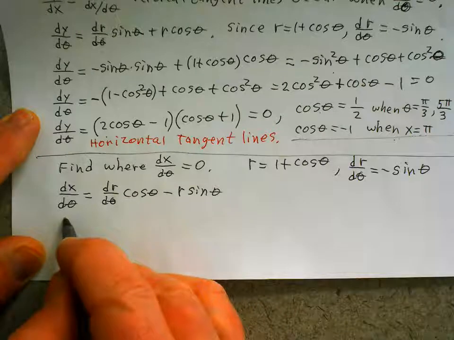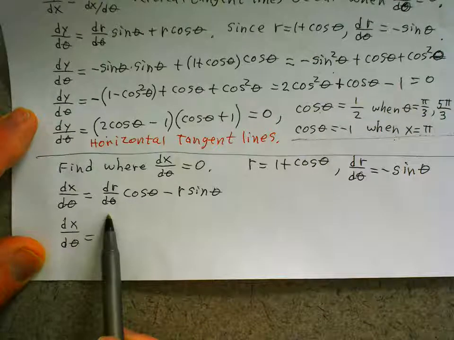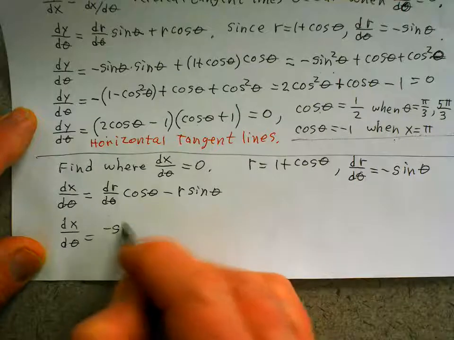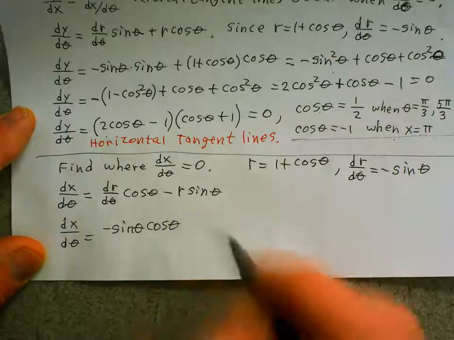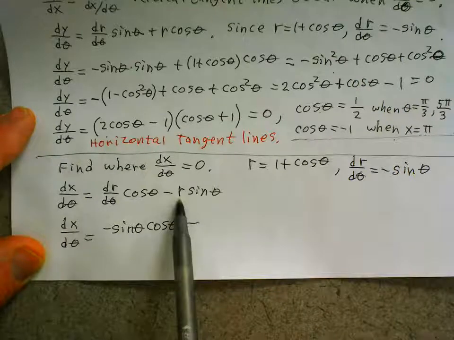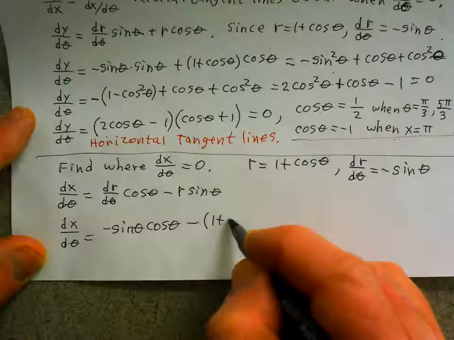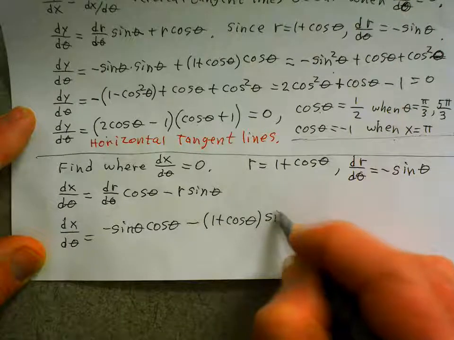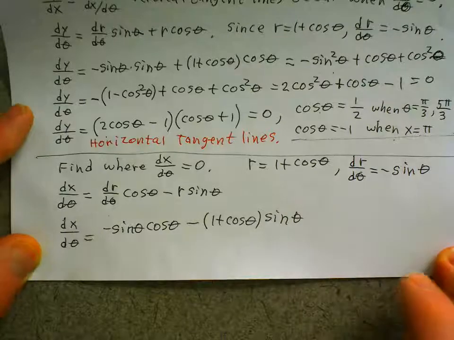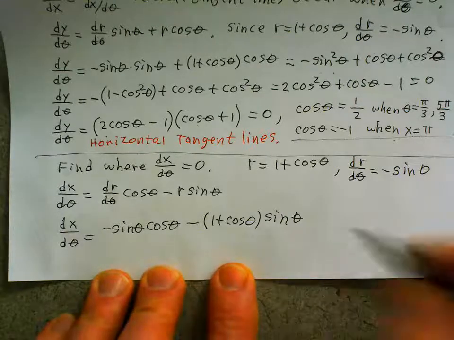So we get dx d theta: dr d theta is negative sine of theta, so we get negative sine of theta times cosine of theta, and then minus r, which is 1 plus cosine of theta, multiplied by sine of theta. And we'll do a little bit of arithmetic.